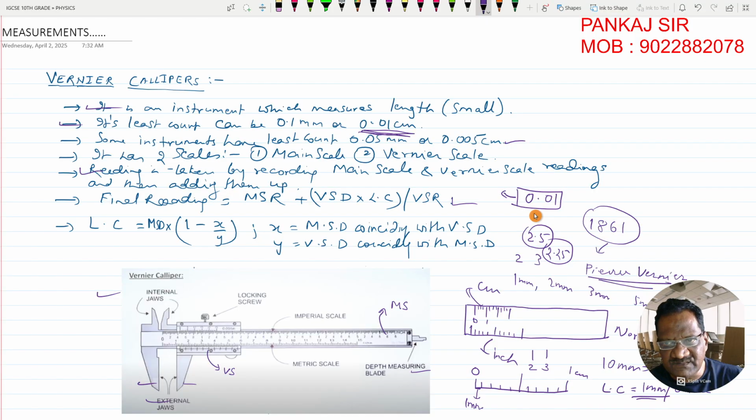Now suppose an object has a length of say 1.55 centimeter, then you can accurately measure this. 1.55 centimeter you can measure. Or suppose it has 2.35 centimeter.